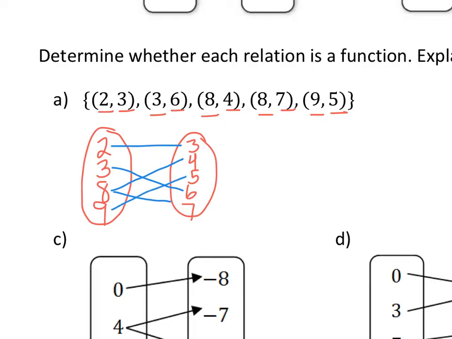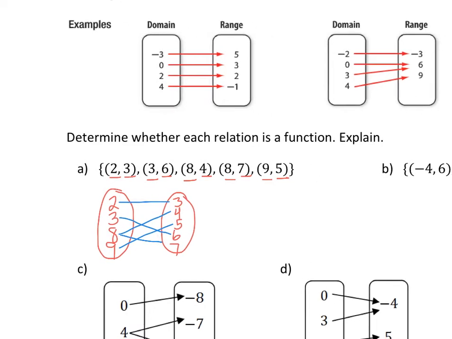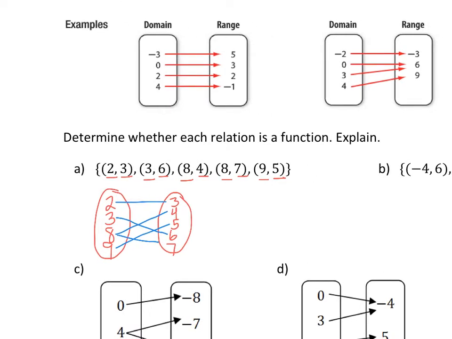If we take a look here, this differs from our examples above. In our mapping, on the left-hand side in our domain, the 8 is actually showing two different outputs, a 4 and a 7.